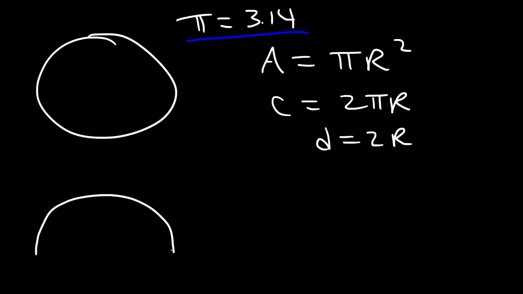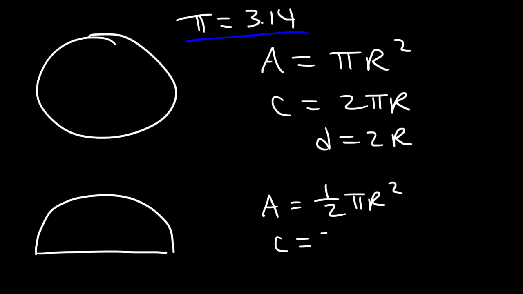For a semicircle, everything is half. The area is 1/2 pi r squared, and the circumference is just pi r. But the diameter is still 2r. So this is not going to change. So that's just a recap of some of the formulas that we've used in this video. So make sure you know those formulas if you have a test on this stuff.